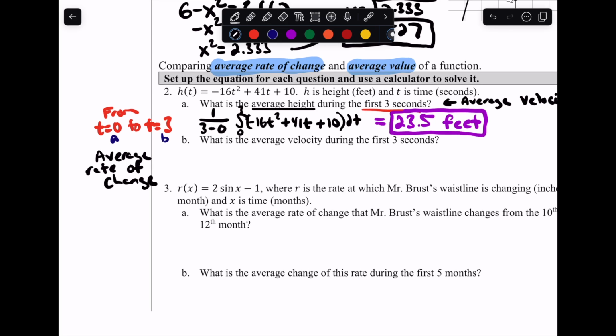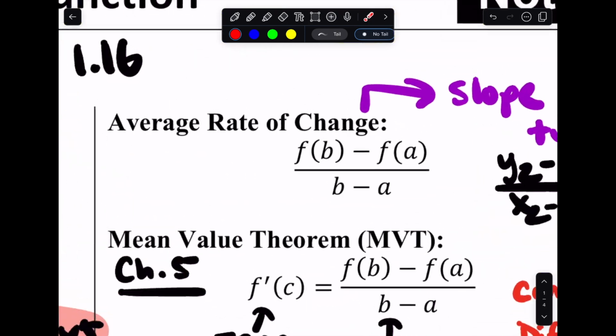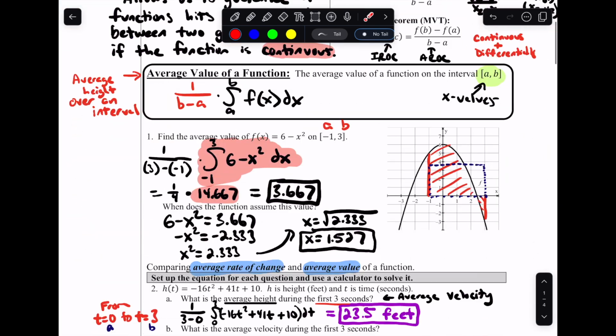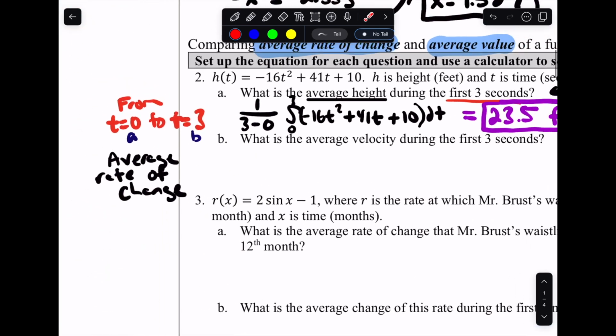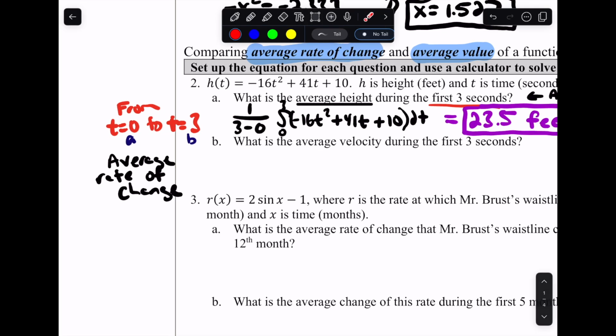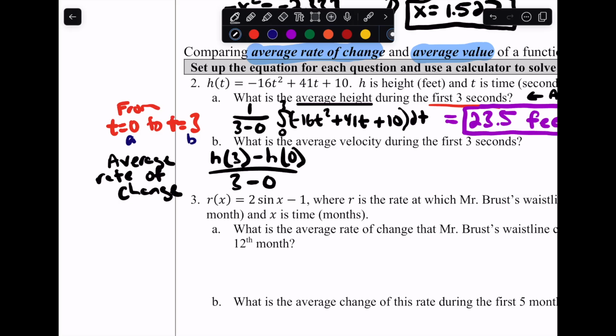If I'm going to be doing my average rate of change, since it's the first 3 seconds, I'm still using the same t values from 0 to 3, but my equation is going to be different. I'm going to be using f of b minus f of a over b minus a. For the function we've got here, since it's h, this is going to be h of 3 minus h of 0, divided by 3 minus 0.